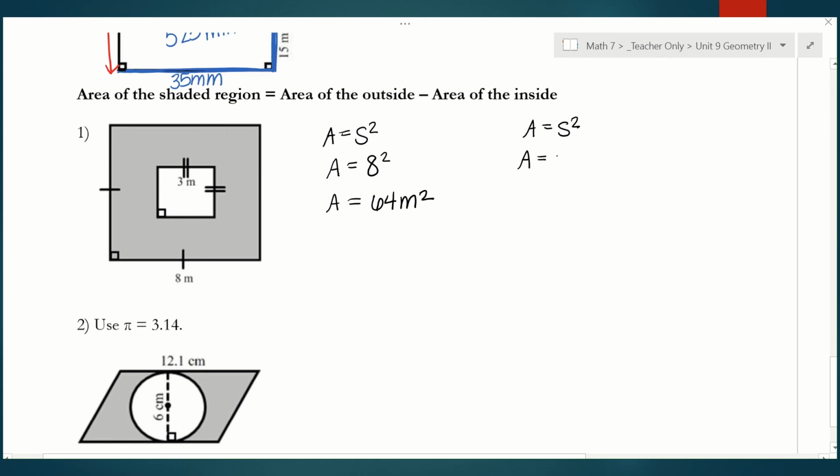And since each side of that square is 3, that means that my area is 9. Okay, so you're thinking of this as taking the area of that big square and subtracting the area of the little square. And what that does is it leaves you with that shaded area. So 64 minus 9 gives me a shaded area of 55 meters squared.